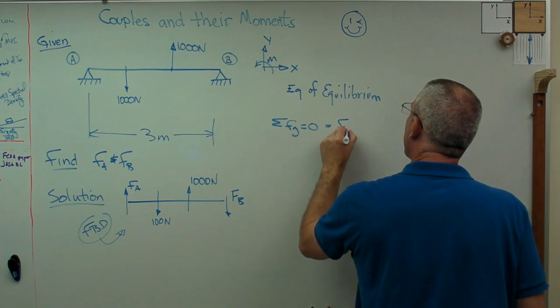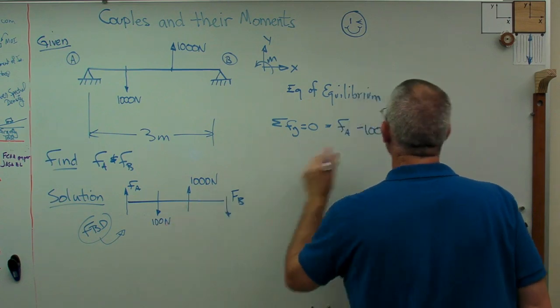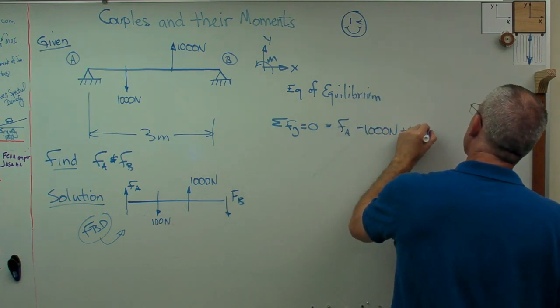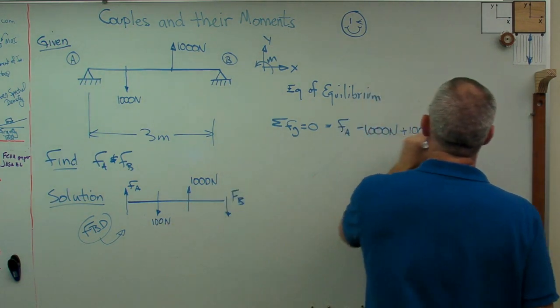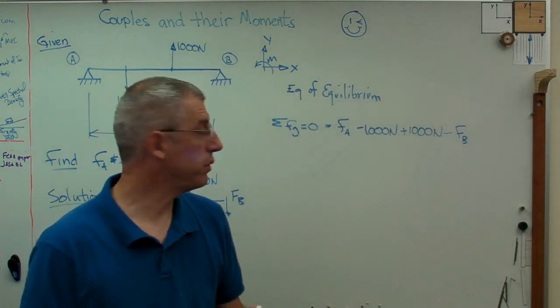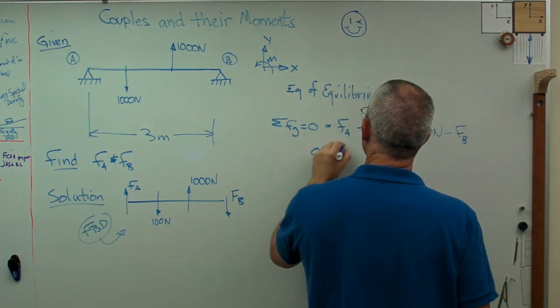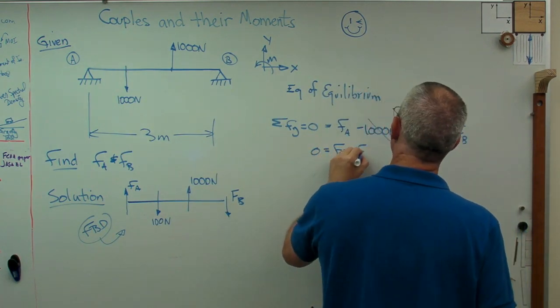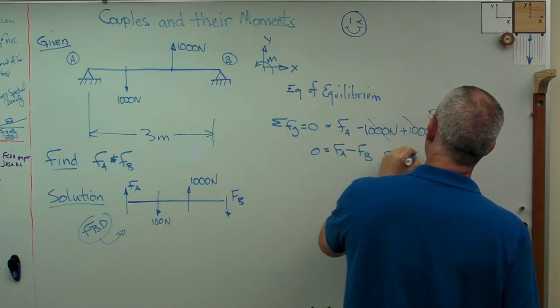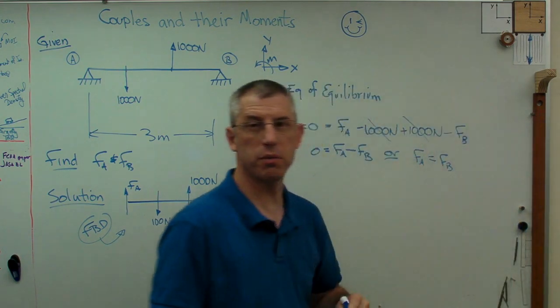So FA is positive minus 1,000 newtons there plus 1,000 newtons there minus FB. And all that stuff has to equal 0. Well, okay, those two cancel out. So 0 equals FA minus FB, or FA equals FB. Okay, well that's pretty easy.